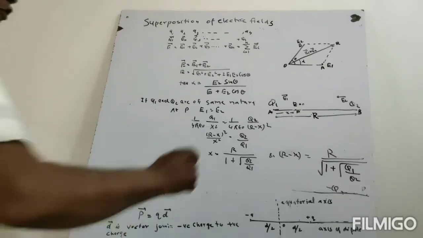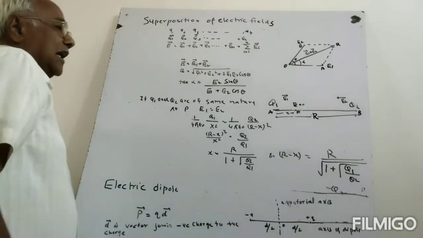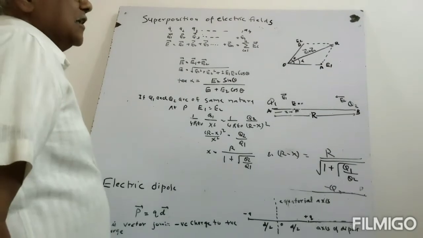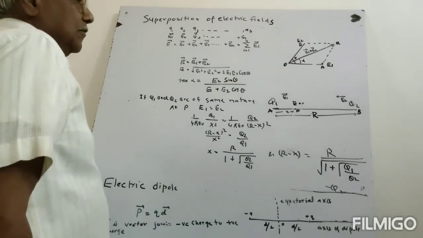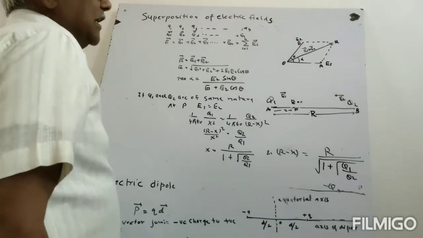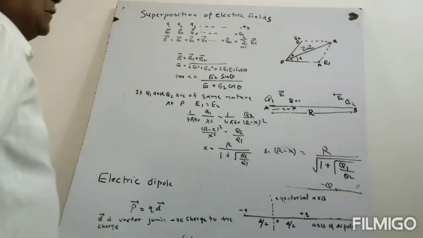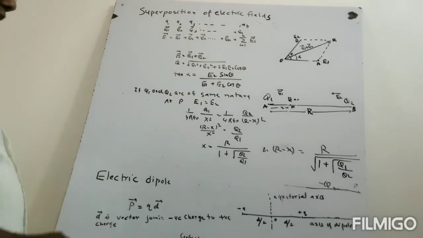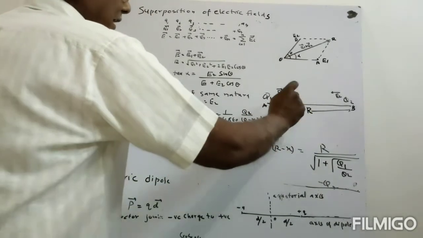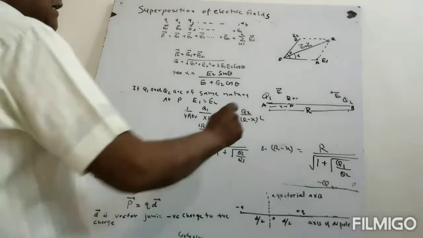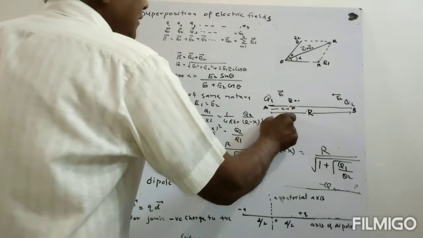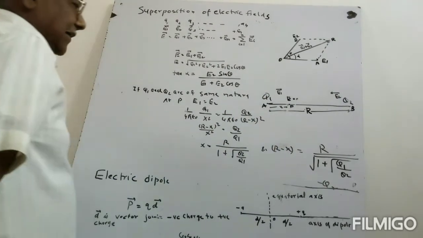Since Q1 and Q2 charges are both positive, the point P where the electrical field is 0 will be in between A and B. That is, this point is P and it is at a distance x from A.